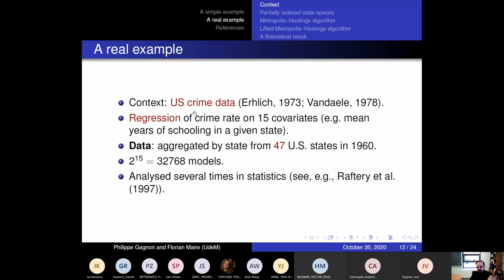And with lifted samplers, we want the same thing. Because if the mass is concentrated on a few states, we will have no space for persistent movement. So you remember the previous example, we had a couple of states that were probable, and the chains were able to have persistent movement.